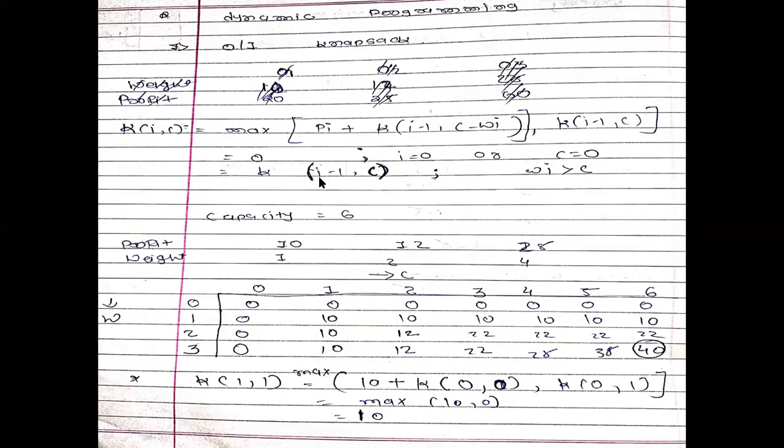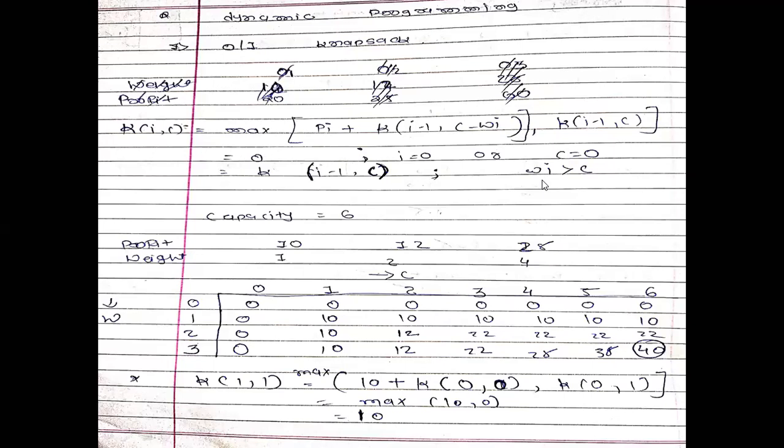K of I minus 1 એટલે કે 2 of 1. તો અહીંયા તમારી વેલ્યુ પુટ કરવી પડશે 2 of 1 ની, that is 10. અહીંયા પુટ કરવી પડશે 2 of 2 ની એટલે કે 12. અહીંયા પુટ કરવી પડશે 2 of 3 ની એટલે કે 22. ડન? સો આ પ્રોસેસ આ રીતે થશે બીકોઝ આ વાળી કન્ડિશન તમારી ટ્રુ થાય છે.